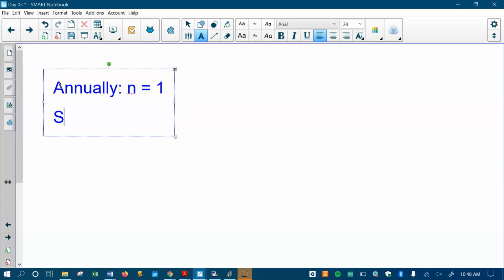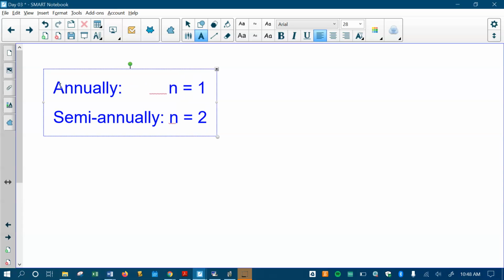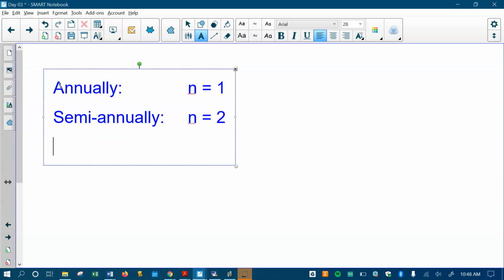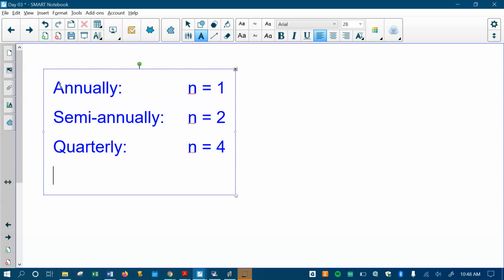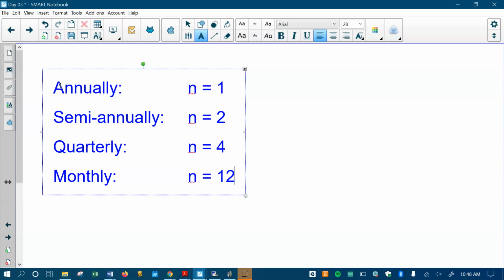You can break it into semi-annually, when N is equal to 2, because it's twice a year. You can break it up quarterly, N equal to 4, because that's 4 times per year. When you break it up monthly, N would be equal to 12.